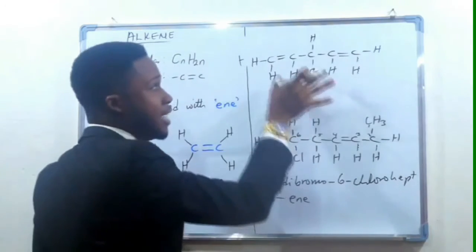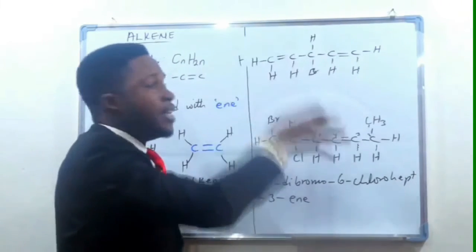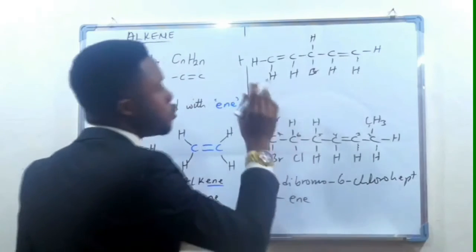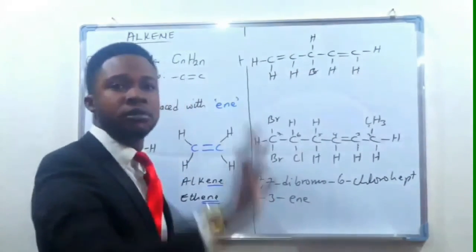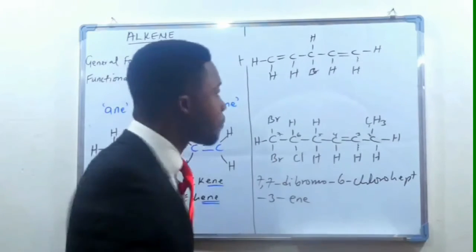Now the most important thing here is that this particular chain contains 2 double bonds. So we have 1, 2, 3, 4, 5. This is a 5 carbon compound, so it's going to be pent.